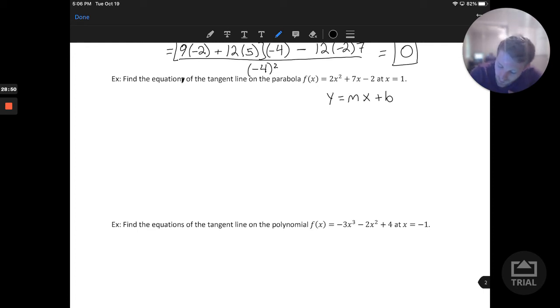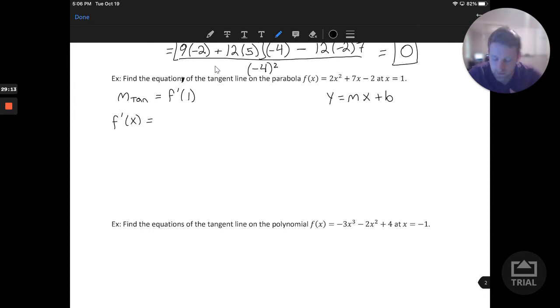We could call that m tangent. That's the tangent line slope we're going to find. And really we're going to find that by taking f prime of 1 in this case, because that's the point we're interested in. So let's take the derivative f prime of x, and then we'll evaluate it at 1. If I take this function, we have the derivative of 4x plus 7.